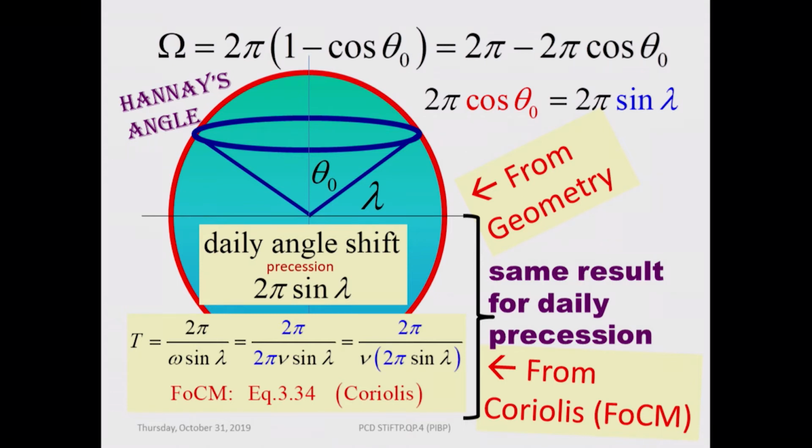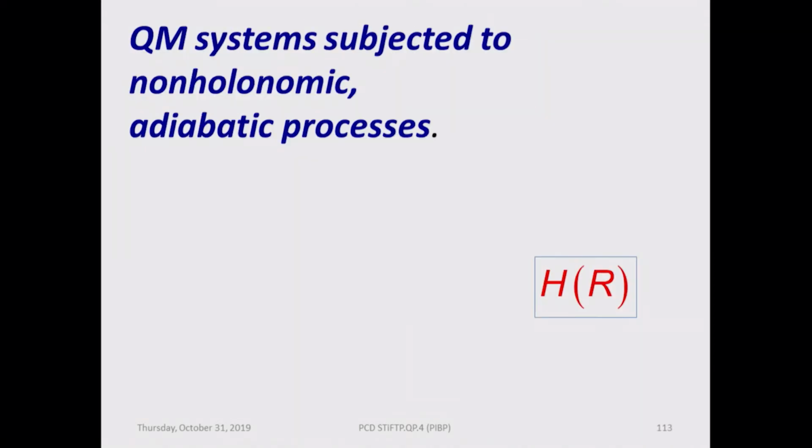This is equation 3.34 in this, where the details have been worked out. But there you do this entire analysis in the rotating frame of reference, carry out the transformations from an inertial frame to a rotating frame, and then arrive at this result. Over here, you get it just from geometry, okay, which is really very, very nice.